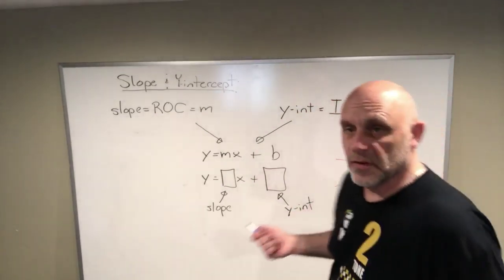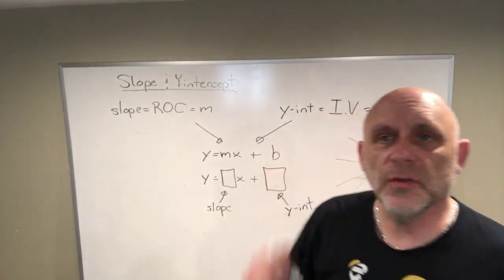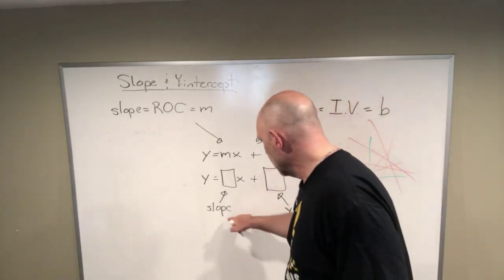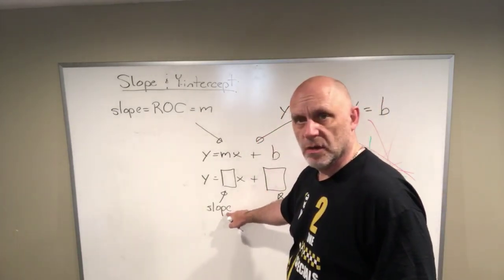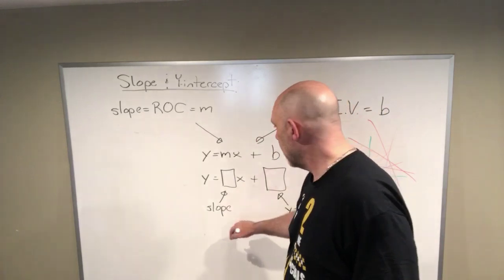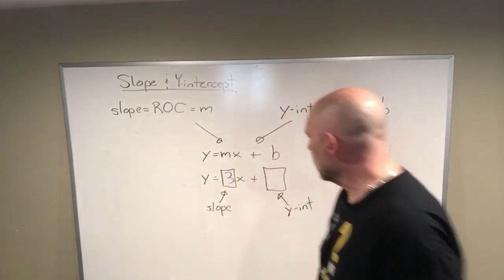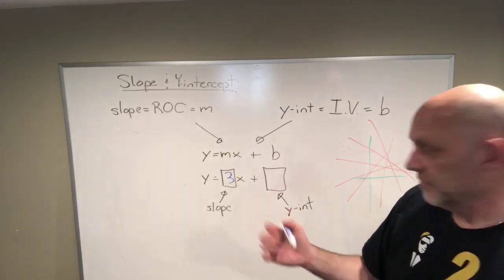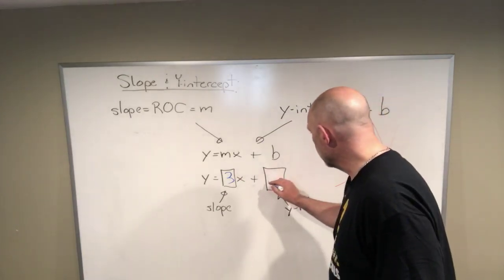Okay, so for example, if you said the rate of change is 3, slope is the rate of change, it's 3. That means I put it in here. If you're told the y-intercept is -2, it goes right there.